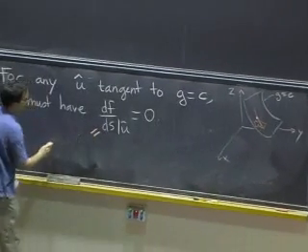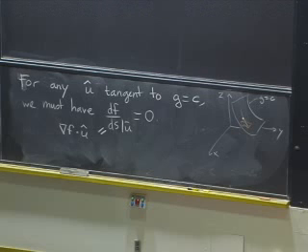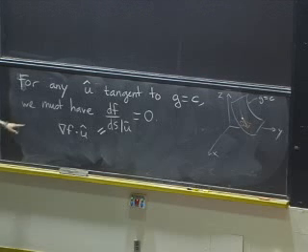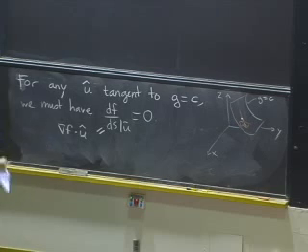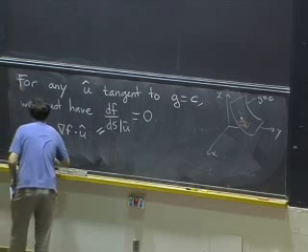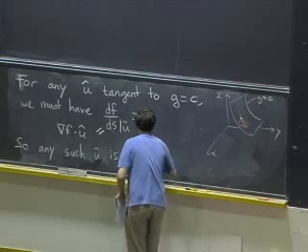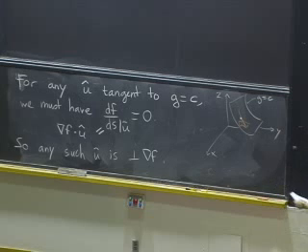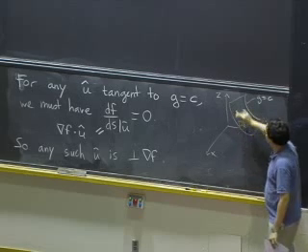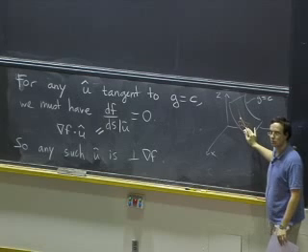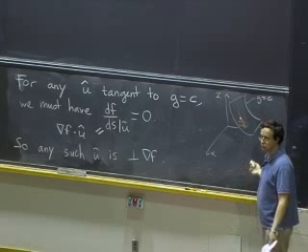Well, we've seen that this is actually gradient f dot u. So that means any such vector u must be perpendicular to the gradient of f. So the gradient of f should be perpendicular to anything that's tangent to this level, which means the gradient of f should be perpendicular to the level set. That's what we've shown.